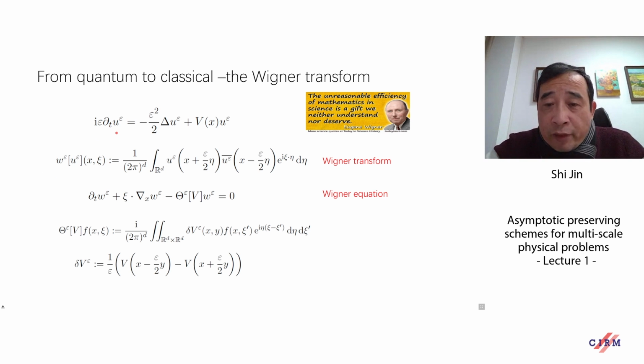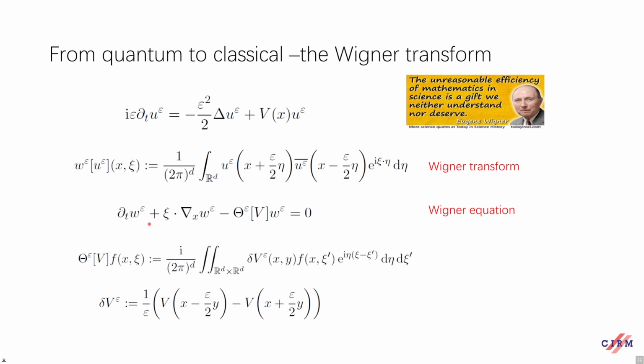If u satisfies the Schrodinger equation, w satisfies this equation, which is usually called the Wigner equation. As you can see, w depends on t, x, and psi. The left-hand side is the transport operator. If you don't have V, the so-called free Schrodinger equation, then w satisfies a very simple linear transport equation.